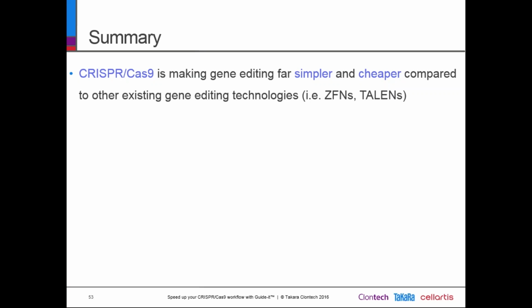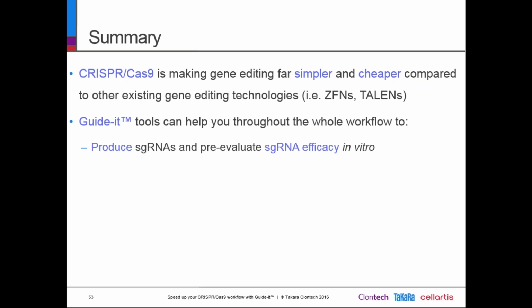So I hope that I could show you that CRISPR-Cas is making gene editing much simpler and cheaper compared to other existing gene editing technologies. And I hope that I could also show you that our guided tools can help you throughout the whole workflow to produce your guide RNAs and to evaluate guide RNA efficacy in vitro prior to the delivery into cells.